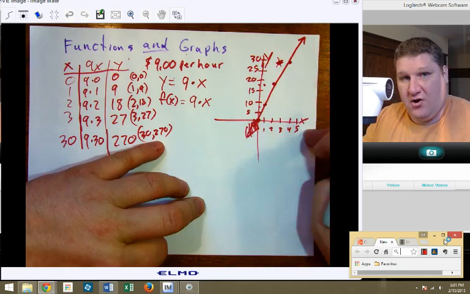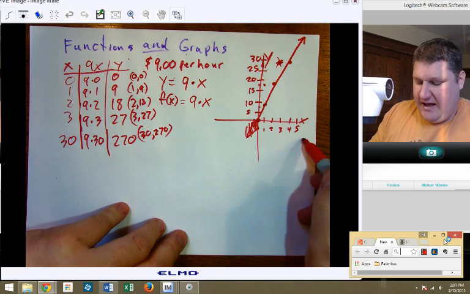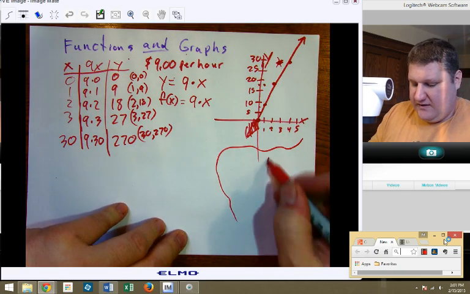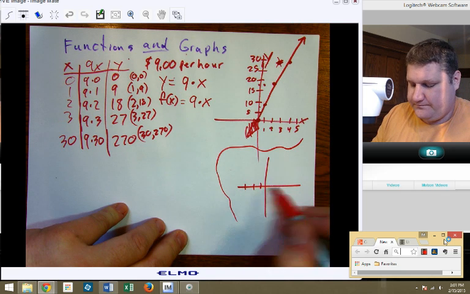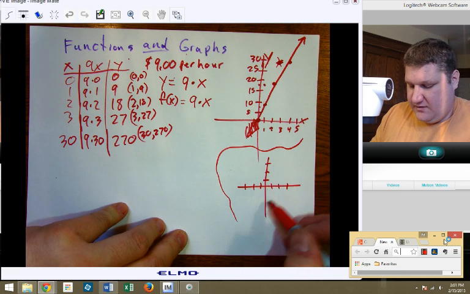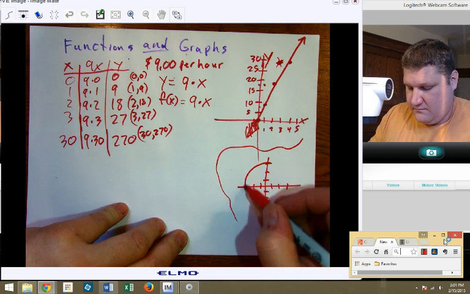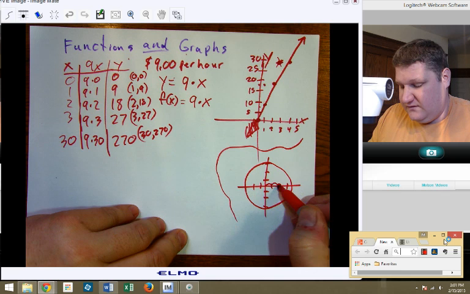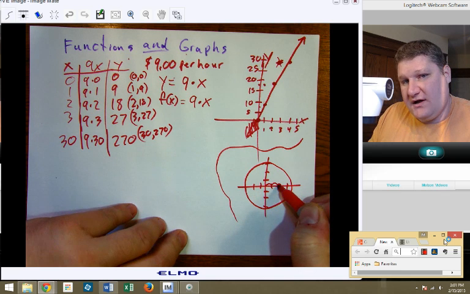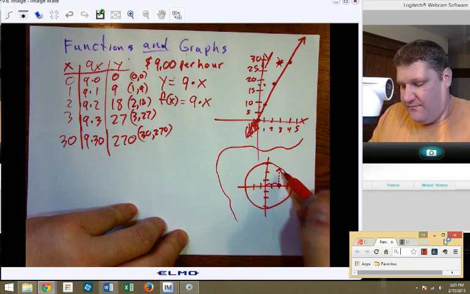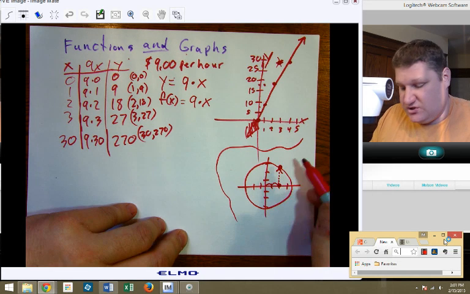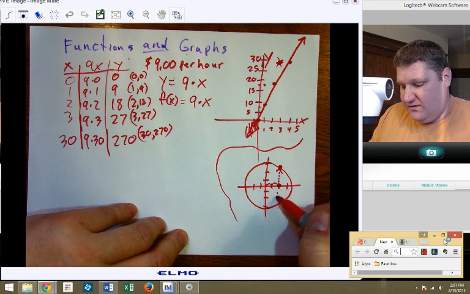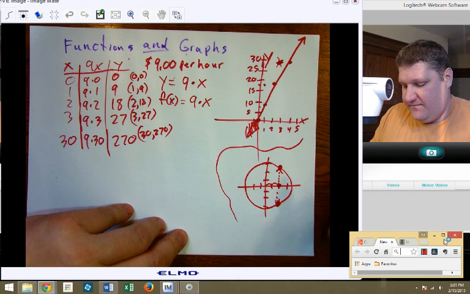Over, up, over, up. Let's go back and look at that circle that we drew in the last video. In this case, if I go over to 2, I don't know where to go because I could go up to this point here, which is on the circle, or I could go over 2 and I could go down.